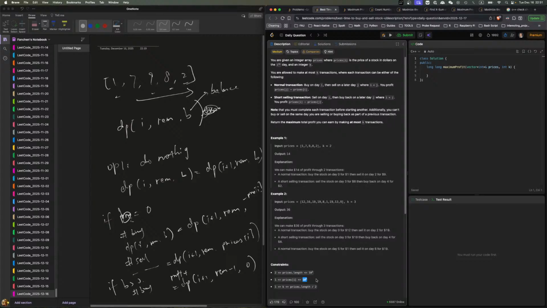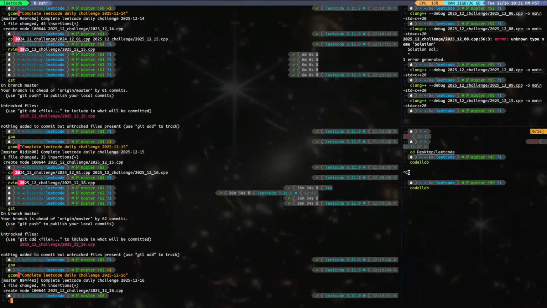Maybe I can just brute force, just traverse it down. Do we even need to DP this thing? I don't know. Let's try no DP and see if it works.